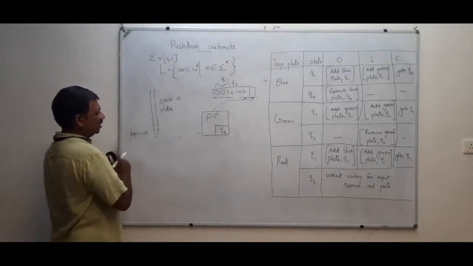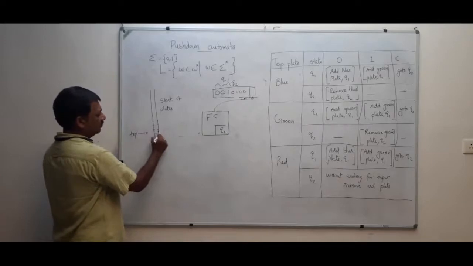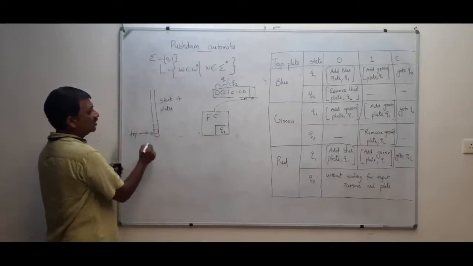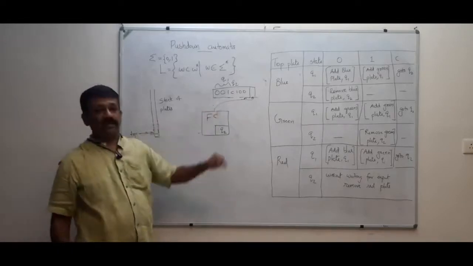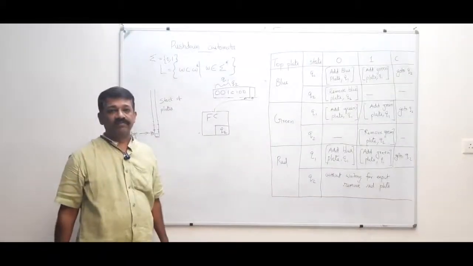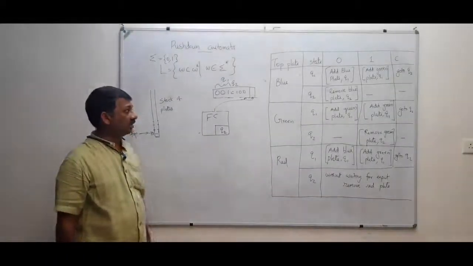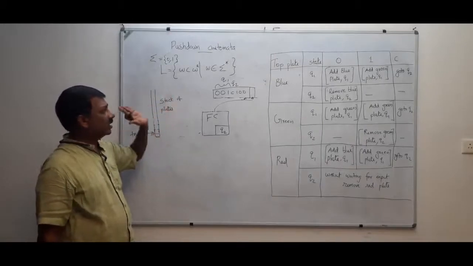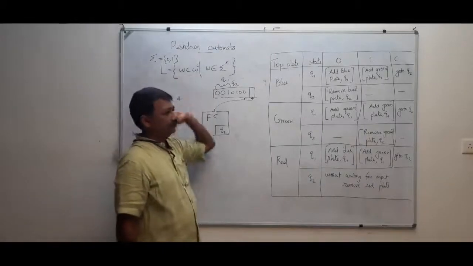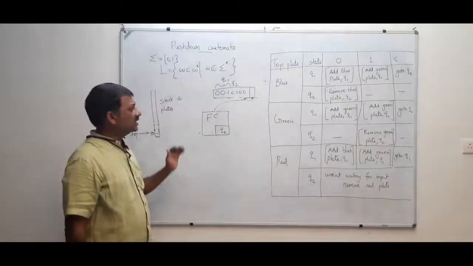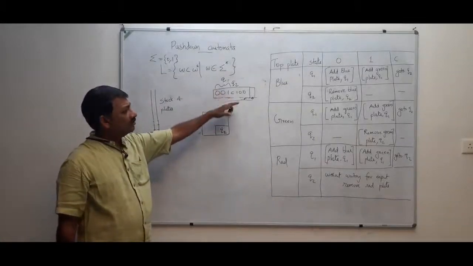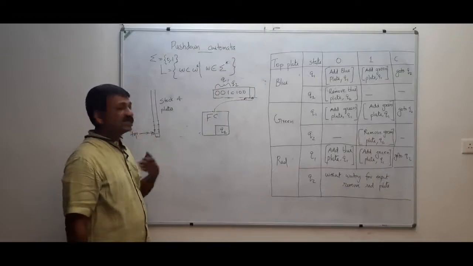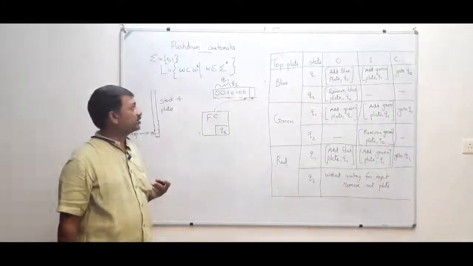Now the stack is empty. Empty means this is a valid string, so it can be accepted. That means WCW raised to R. In such a case, you can accept that string.